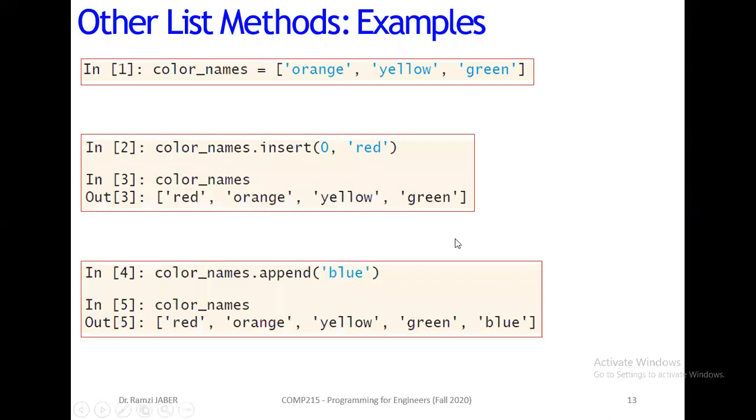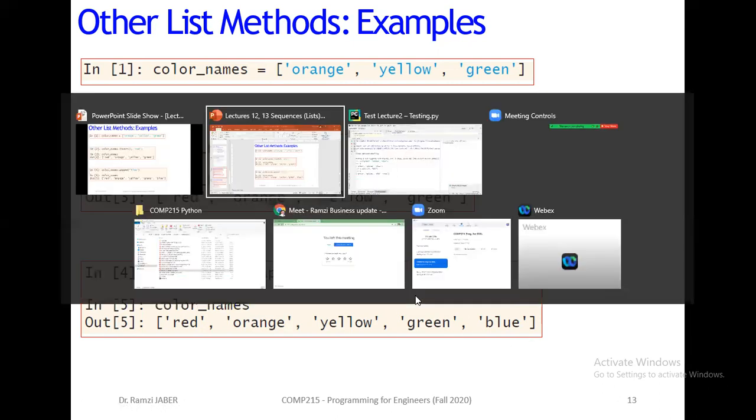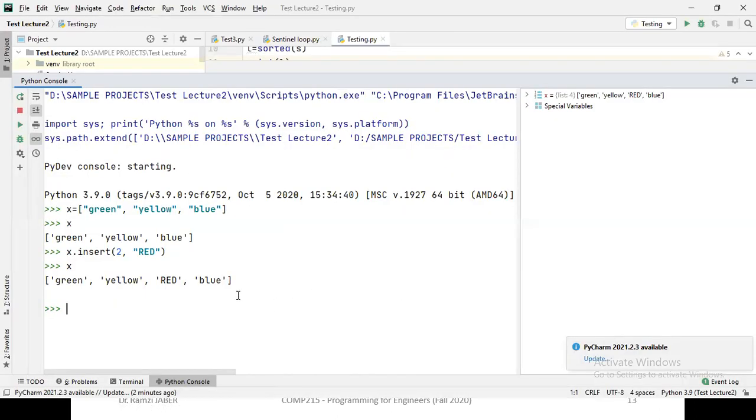Now, append. Append means I want to add a new color to the end of the list. So append, no need to put the index, to the end of the list. So here, if I want to add, x.append, just a value.